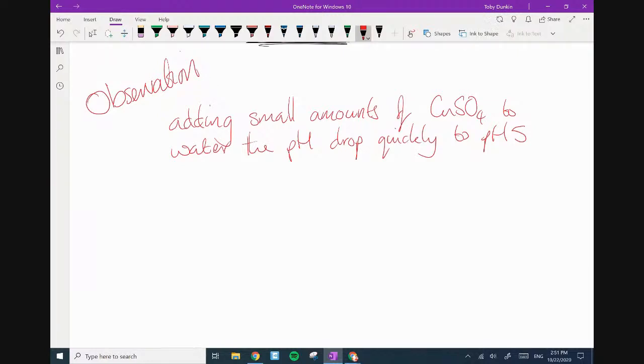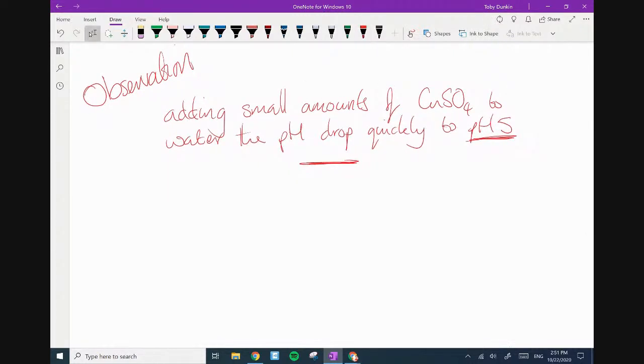Now, that was a very odd observation. You keep adding it, by the way, it'll keep dropping. But we like to talk about a 1 molar solution being about pH 5. Now, that was a significant drop. That observation told us that transition metal salts are acidic, and they didn't know why.